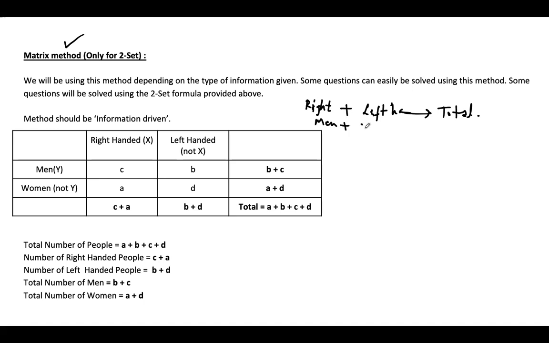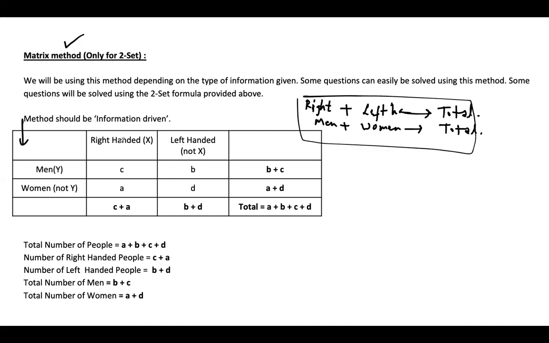So men plus women is also equal to total. See the information that is provided. If you have right-handed and left-handed people, and if you have men and women, how many types of people will you find in that town?